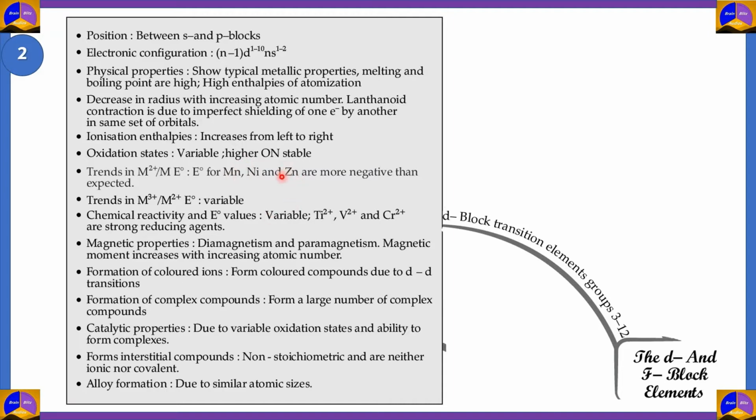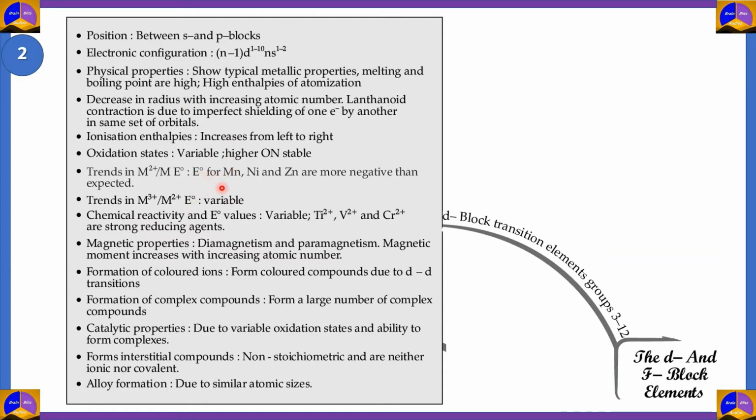So for these 3 elements, the trend in M2+/M electrode potential is more negative than we expect. And another trend, which is variable in all kinds of transition elements, is the trend in M3+/M2+ electrode potential. So this is always variable.